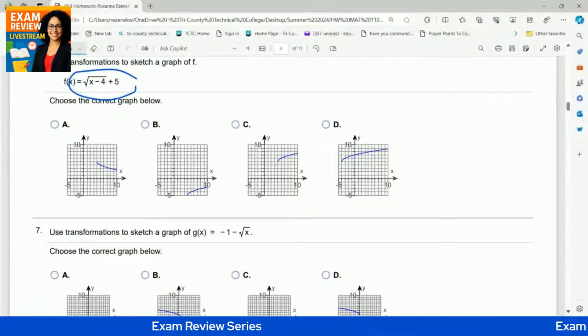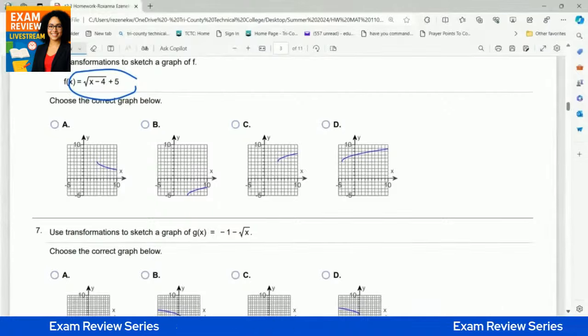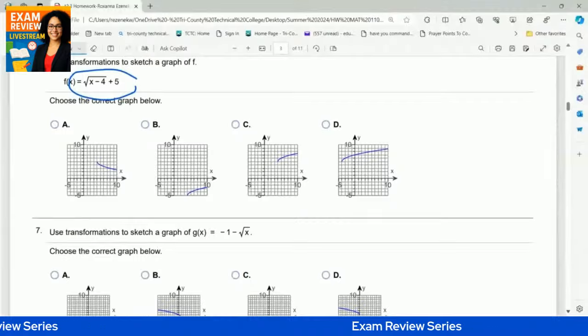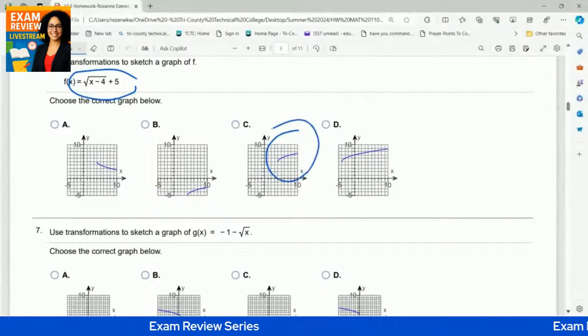We have x minus 4. That minus 4 is a horizontal translation. But 5 is outside the radical sign, so it's vertical. So my answer will be 4 units to the right and 5 units up. And this is the only one that looks like my answer. 4 units to the right, and 5 units up.